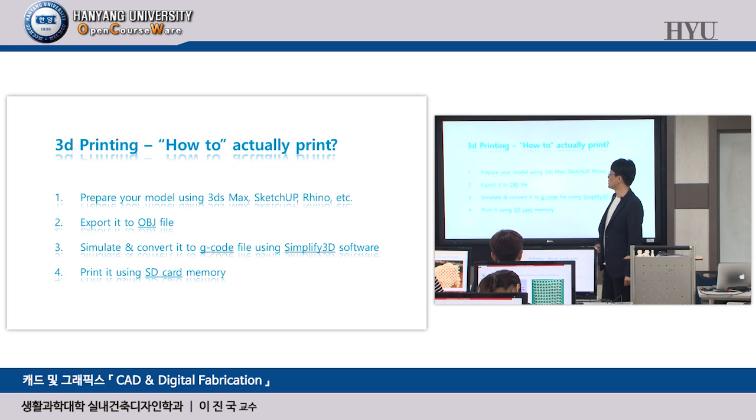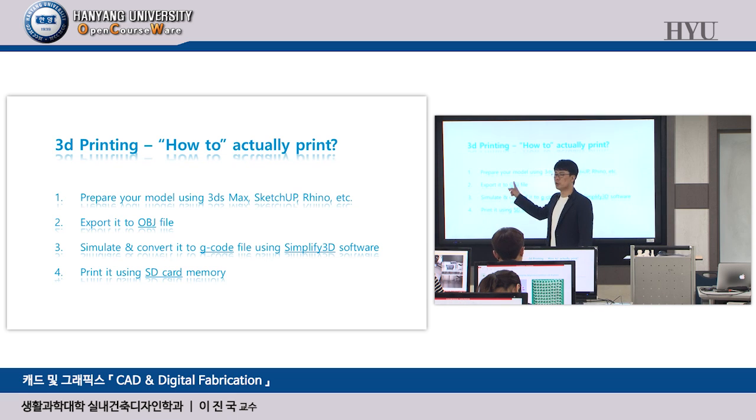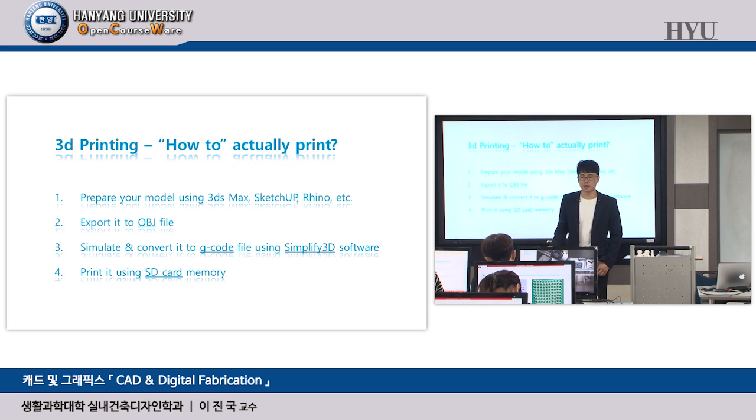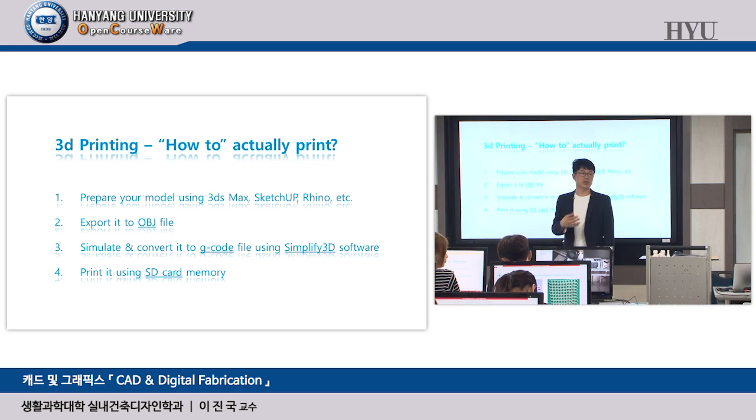What you need to do is save your file in OBJ format. OBJ is one of the 3D file formats, okay, object file format. Even SketchUp can export an OBJ file, okay? Your SketchUp model can export an OBJ file from your design, anything else.